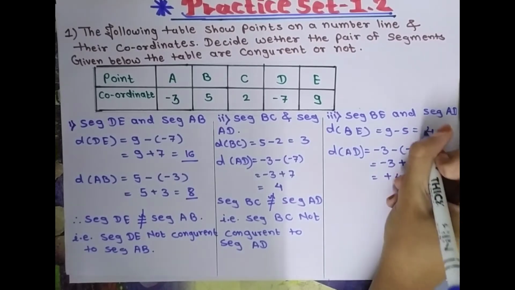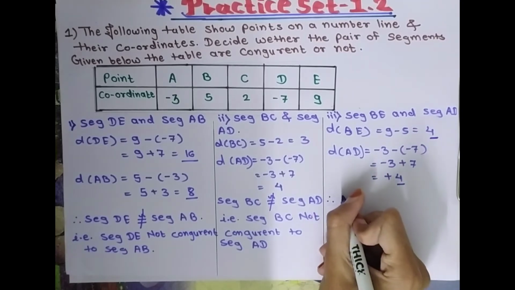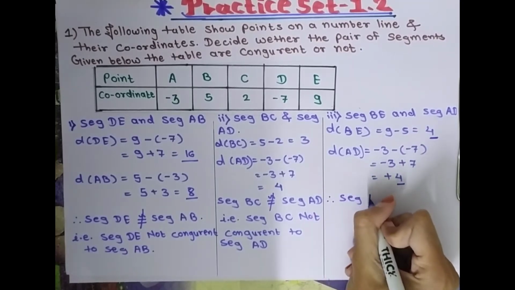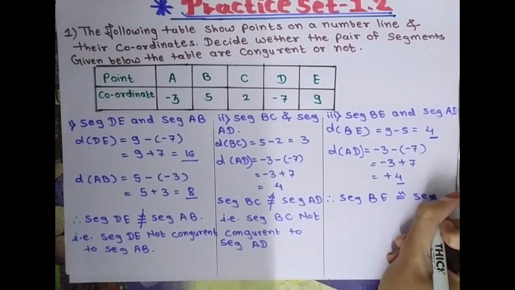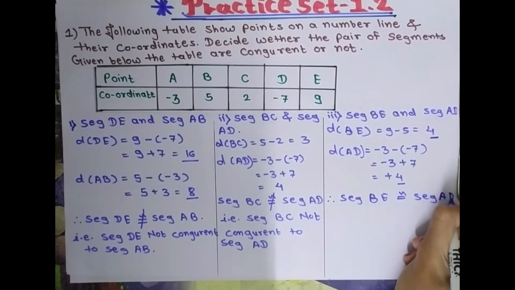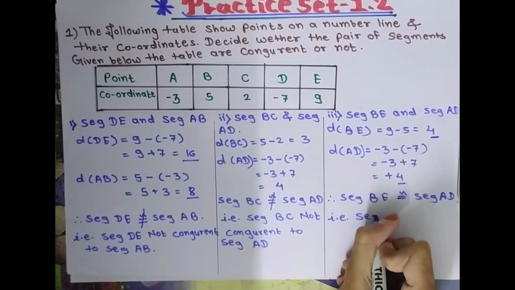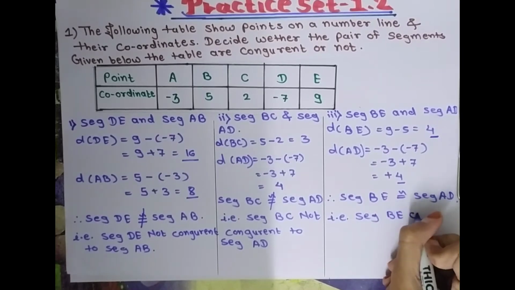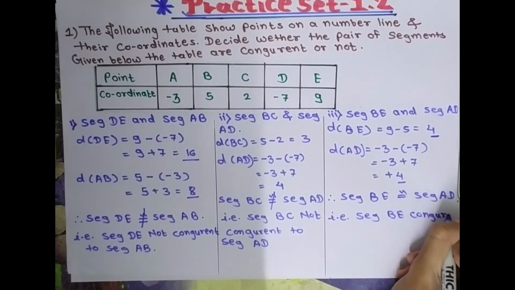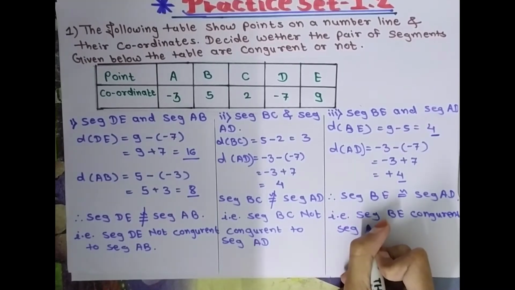So here is 4 and here is 4. These two distances are the same. Therefore we write segment BE is congruent to segment AD.